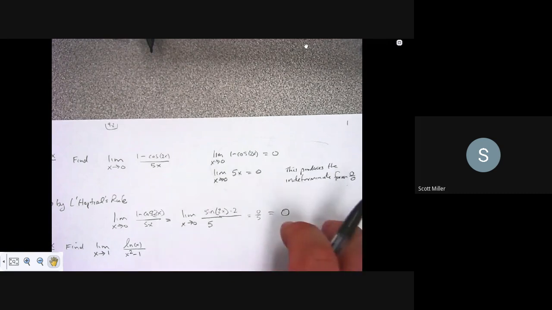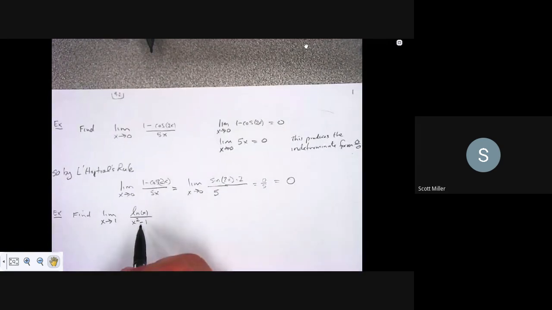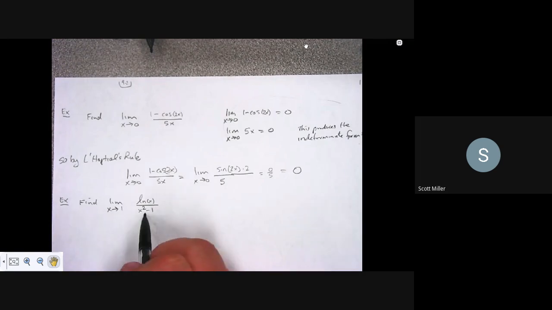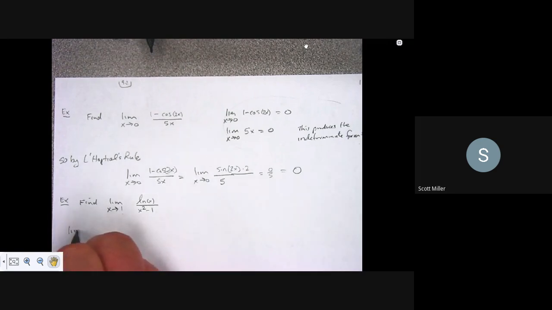Okay? Let's do this then right here. Find the limit of this. I look and I say, okay, if I plug in 1 in the bottom, I will get 0. If I plug in 1 in the top, I'm going to get 0. Okay? And so then I need to show that. So the limit as x approaches 1 of the numerator, that's 0. The limit as x approaches 1 of the denominator, that's 0.